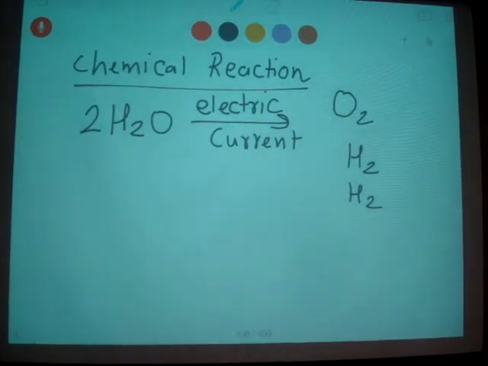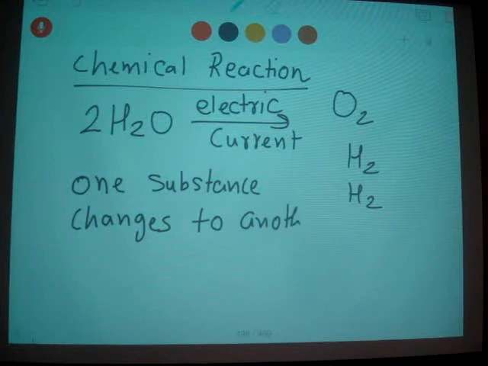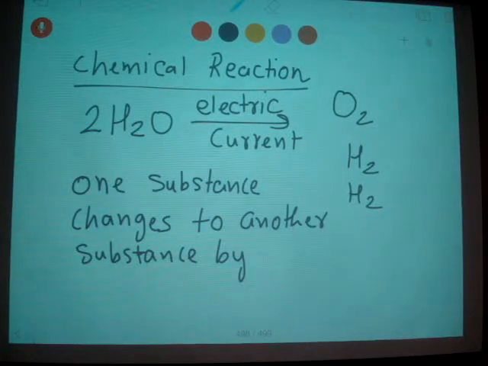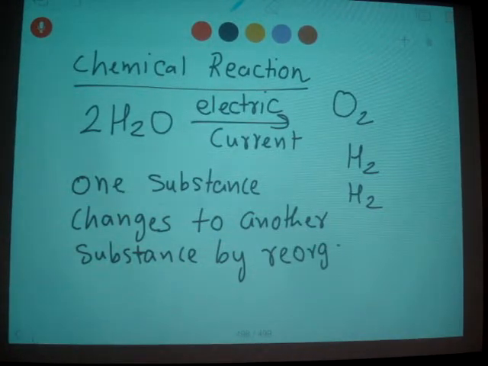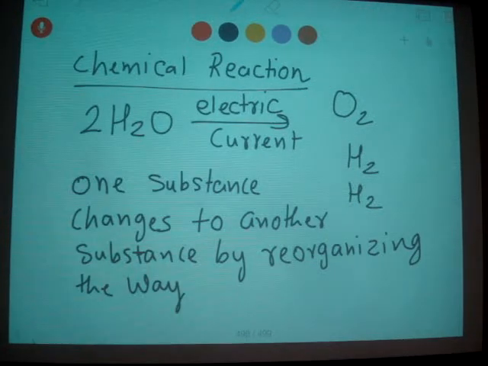Alright? So what happened is that in a chemical reaction, one substance changes to another substance by reorganizing the way the atoms are attached to each other.